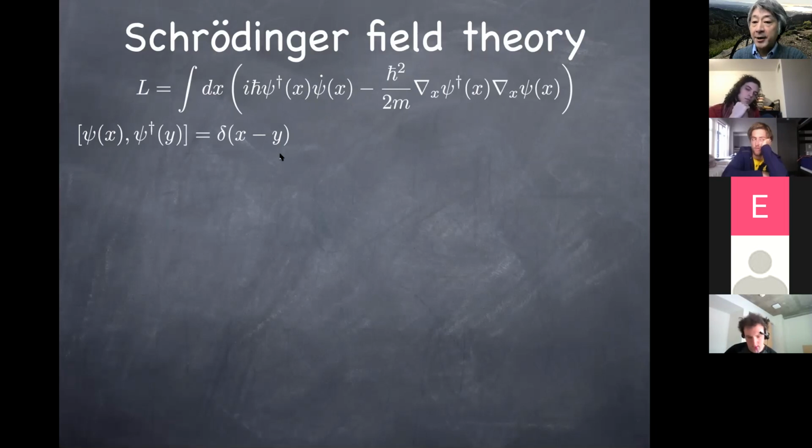So the way you set up the canonical commutation relation is that psi of x, that's the variable, and the conjugate momentum, that's i hbar psi dagger, commute to i hbar. But only when they are referring to the same position, in the same way that for the harmonic oscillator, they had to refer to the same site. Now that the space is continuous, this is a delta function instead of a Kronecker delta. Then I cancel i hbar from both sides of the equation, and then out comes this commutation relation between psi and psi dagger. So that's how you obtain this commutation relation.